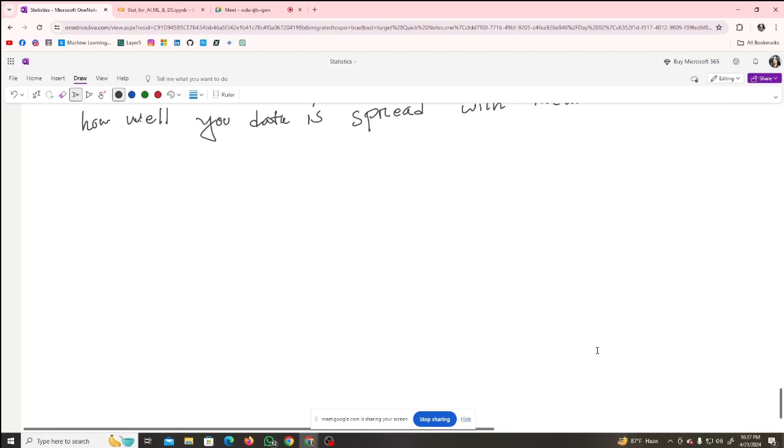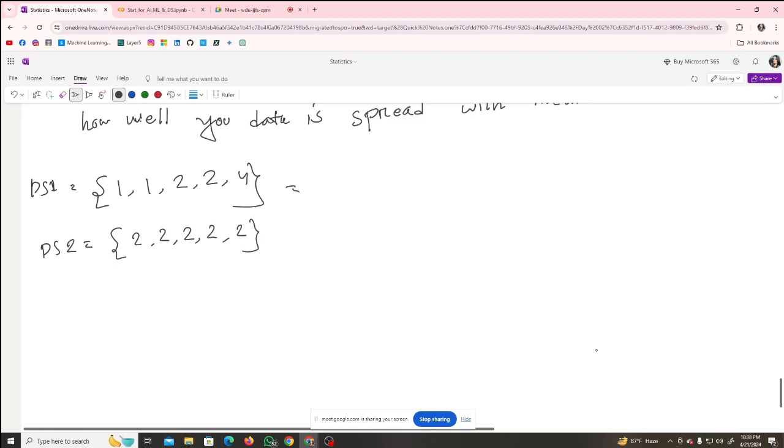Suppose you have two data sets. This is your data set one, and this is your data set two: two, two, two, two, two. And you want to find the mean of these data sets.